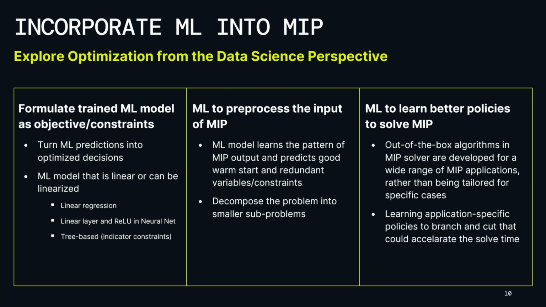Because in the current software, the out-of-the-box algorithms are usually for a wide range of applications. They're not tailored for your specific case. So learning an application-specific policy for branch and bound or cutting plane selection could potentially accelerate the solve time.